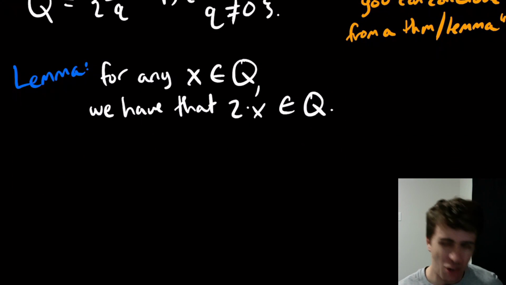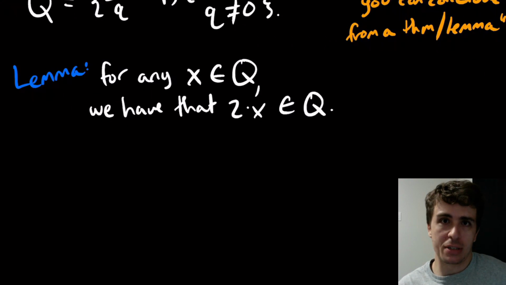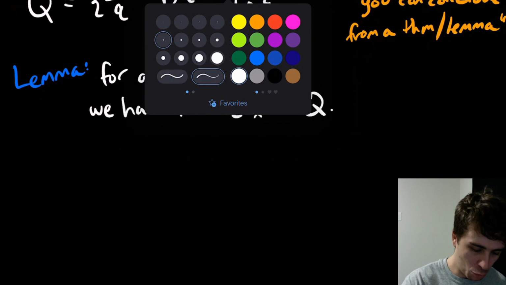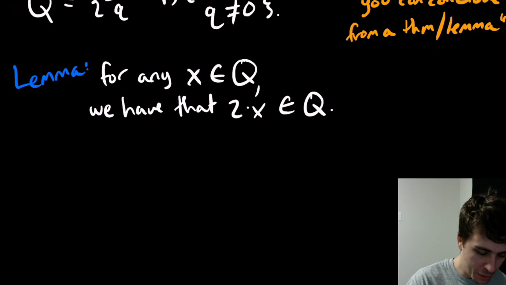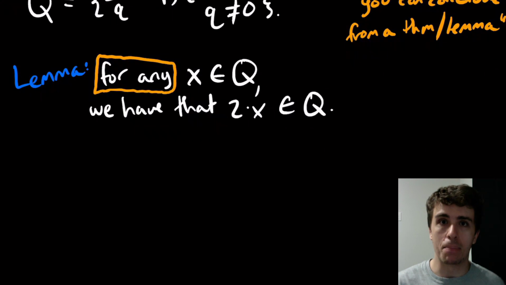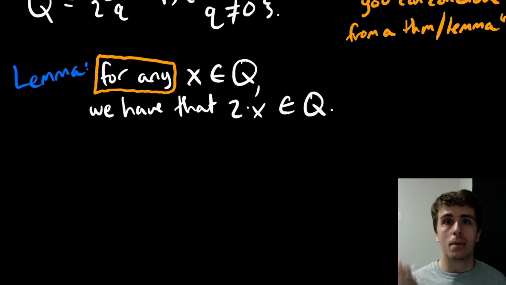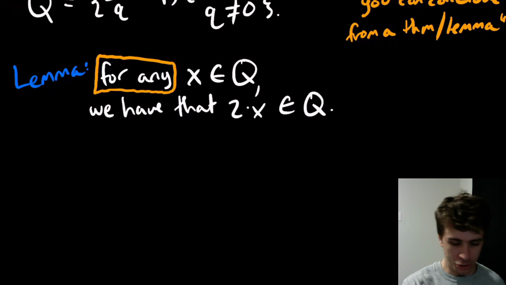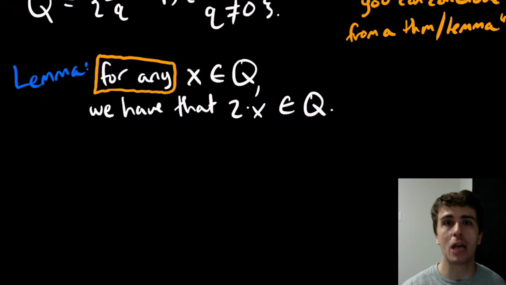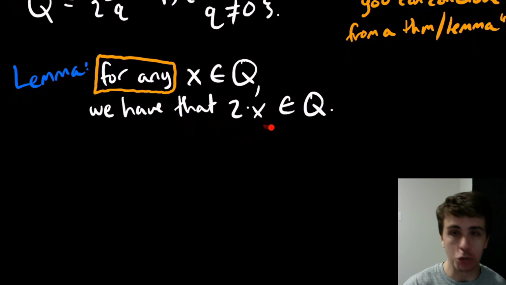So you may think, okay, that's kind of silly, but it turns out that it's really important to look at each of these things individually. So what am I actually saying here? The thing that you should draw your attention to is these two words right here, for any. This would imply that for all possible choices of rational numbers, this statement is true down here. No matter which x you pick, as long as it's a rational number, then we know that 2 times that number is a rational number.